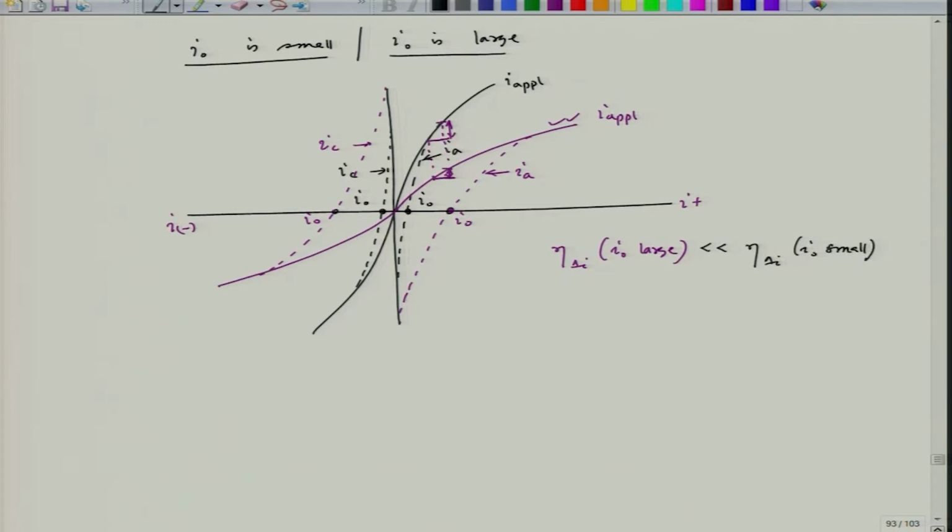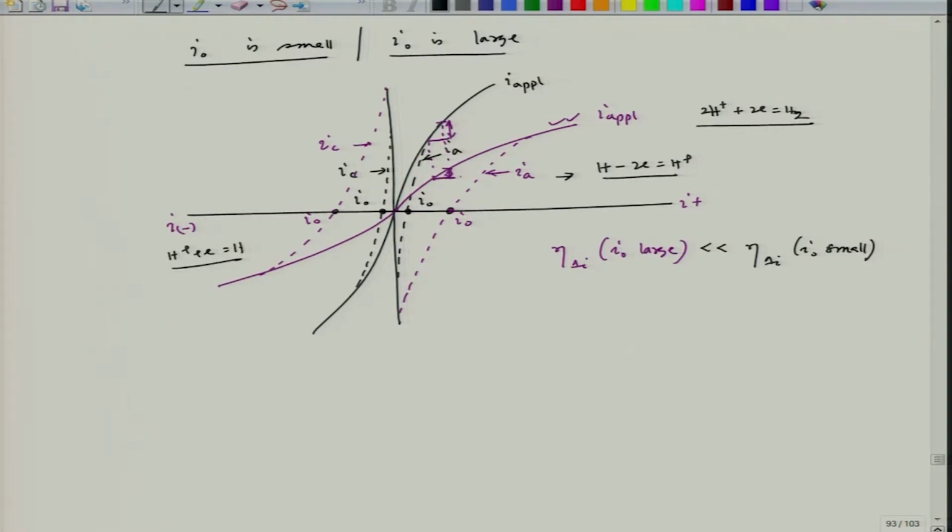So, now that means if I0 is very large for that reversible process, let us say I consider the hydrogen evolution reaction, H+ + 2e equal to H2. In one case I0 is very large, in another case I0 is very small. This side is indicating H minus 2e equal to H+, and this side is H+ + e equal to H. So, this is the cathodic, this is the anodic process.